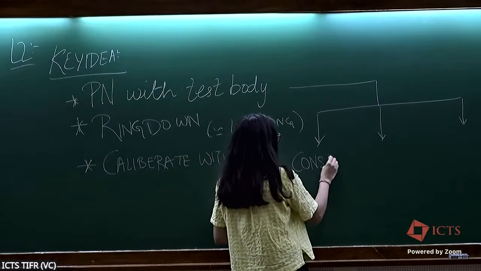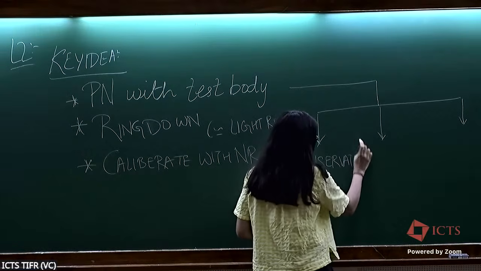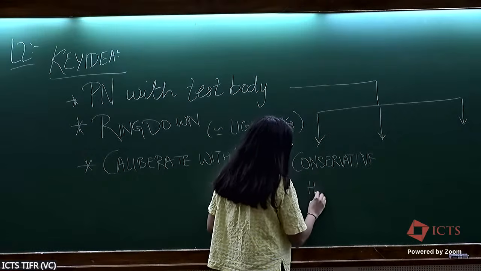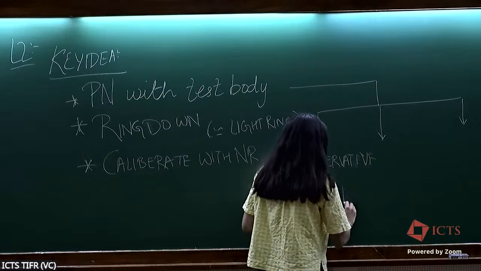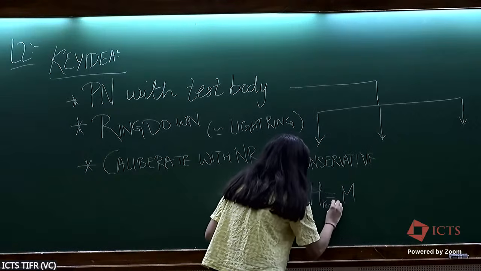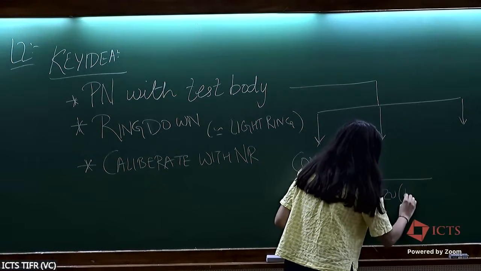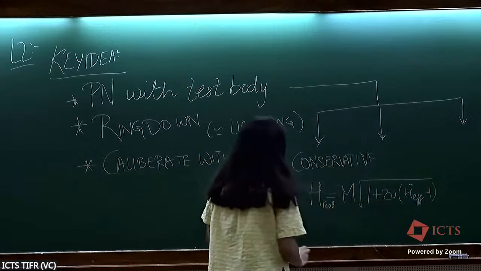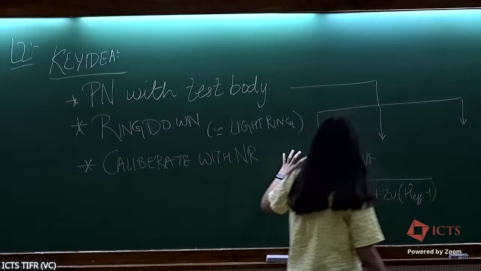The conservative part, which we discussed yesterday, and constructed the EOB Hamiltonian, where H hat effective was the effective metric Hamiltonian. This is what we did yesterday.